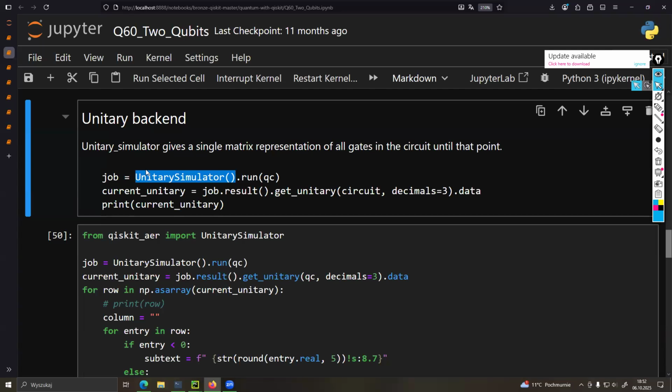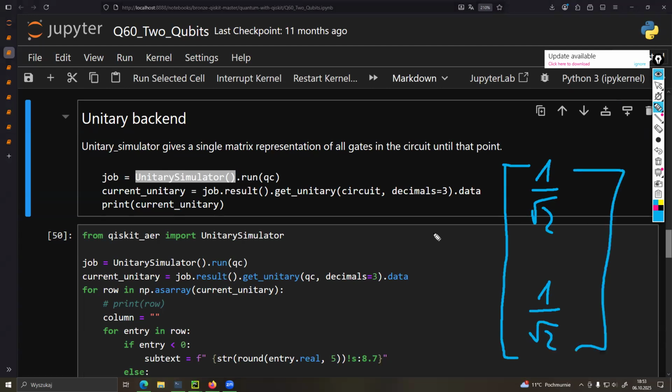Instead, we run a state vector simulator, and it gives the entire vector of all amplitudes, right? It calculates it for us and presents it as a list. So if I have a 1 over square root of 2, 1 over square root of 2 state, I could run a state vector simulator.